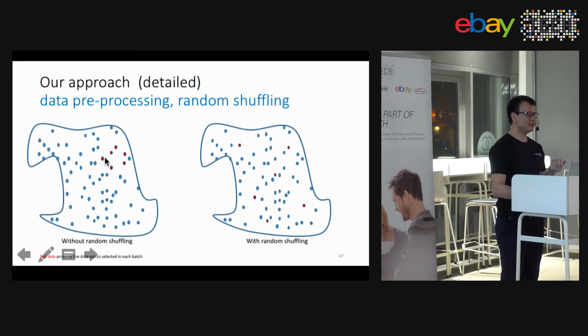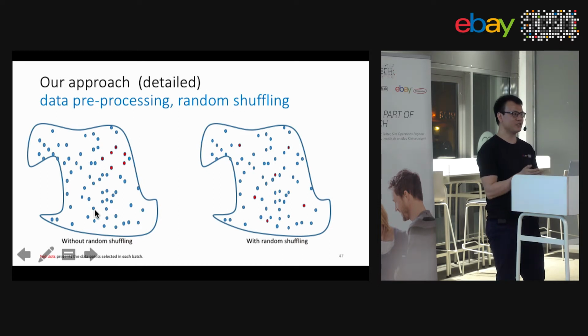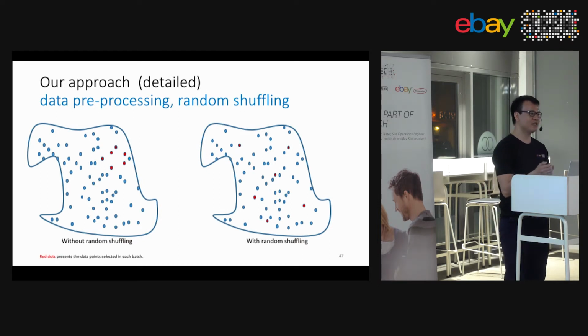The difference between batches is quite big. For example, the first batch I get these local points, the second batch I get these local points. Then it is really difficult for my model to converge, because the difference between different batches is so big.